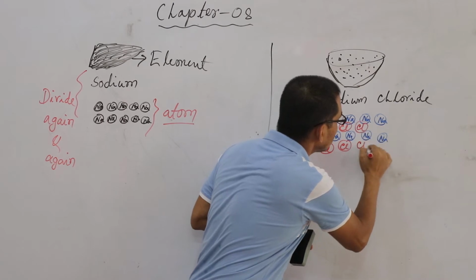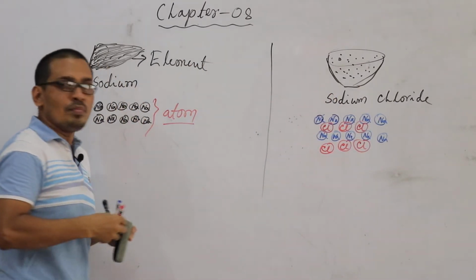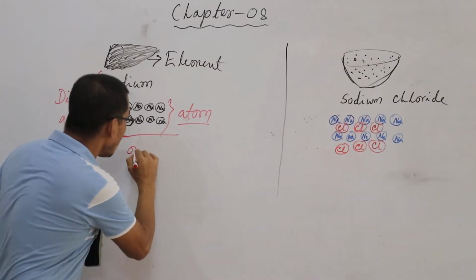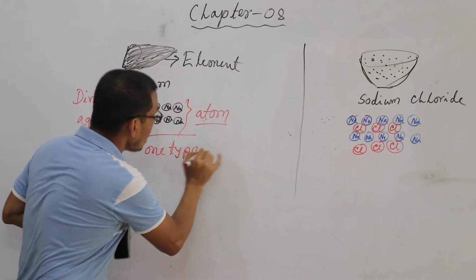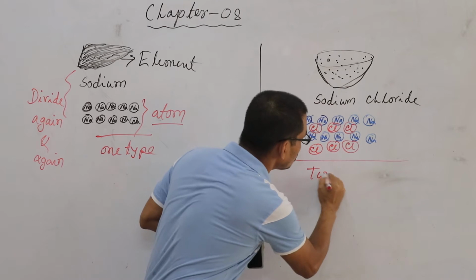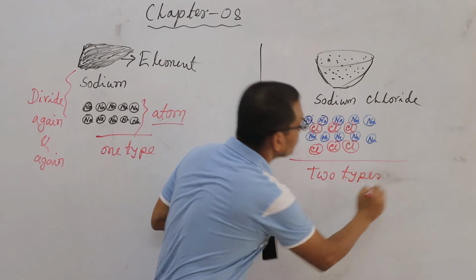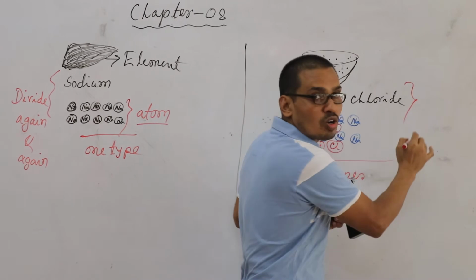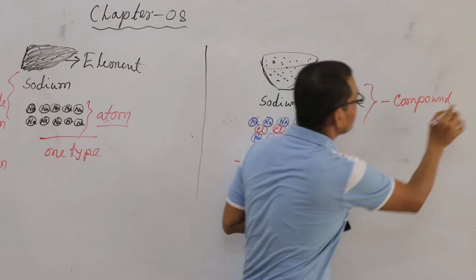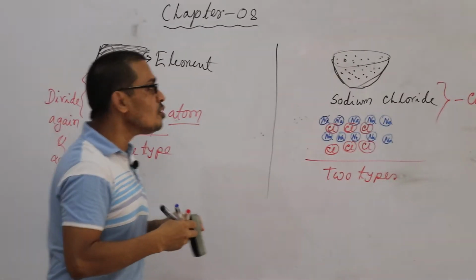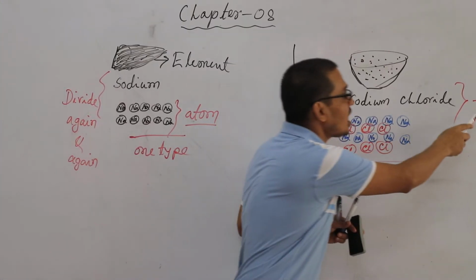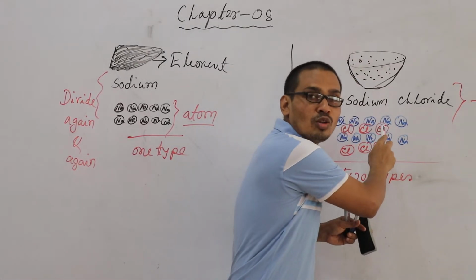Now you can differentiate. Here you have gotten one type, but here you have gotten two types. So this substance will be considered as compound. All compounds are composed of more than one element.